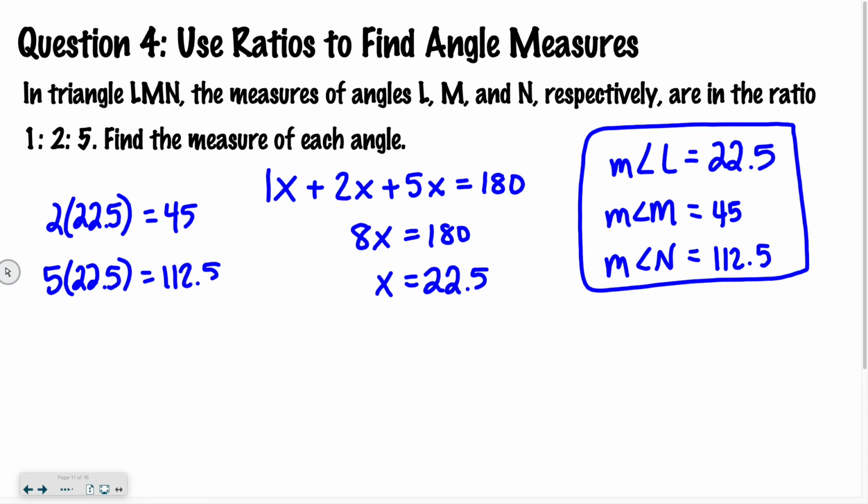Then you divide both sides by 8, and you get x equals 22.5. Then you just do 22.5 times 1, which is 22.5 for angle L, 22.5 times 2, which is 45 for angle M, and 22.5 times 5, which is 112.5 for angle N.